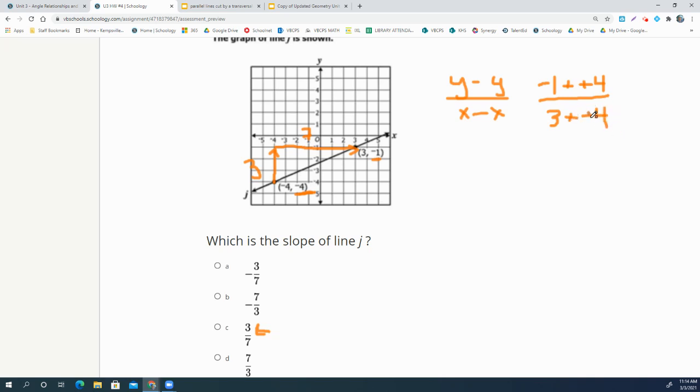Remember, subtracting negatives is just positives. So when I do -1 plus 4, I end up with my 3. That's the same 3 that I ended up with over here. That's the rise of 3. And then 3 plus 4 is 7. And that's the run of 7. So that's my right arrow. Does that help a little bit with slope? Lots of little nitpicky places to get messed up with slope.